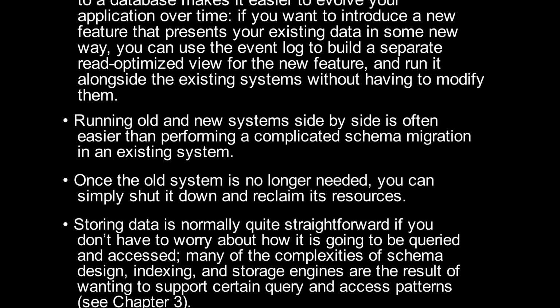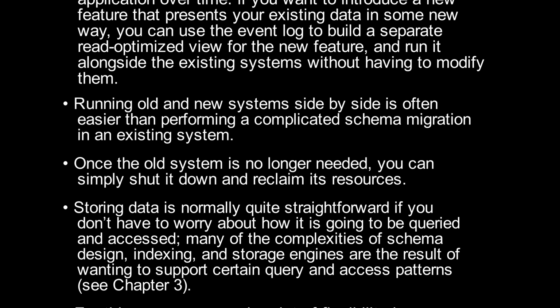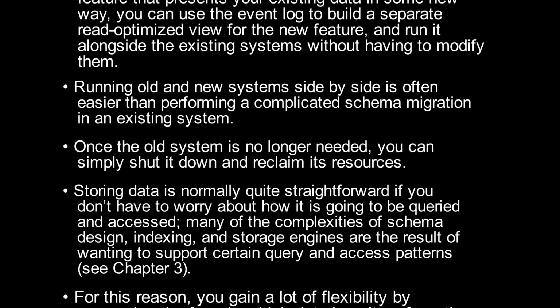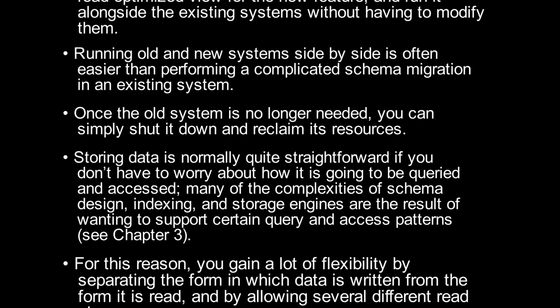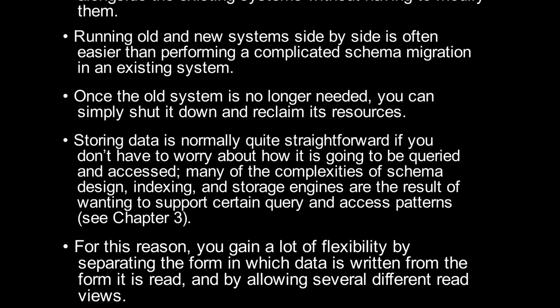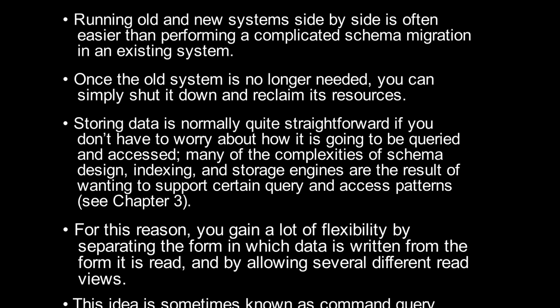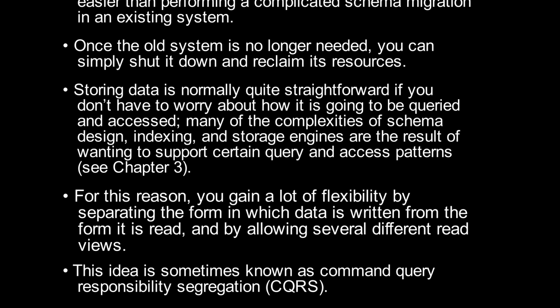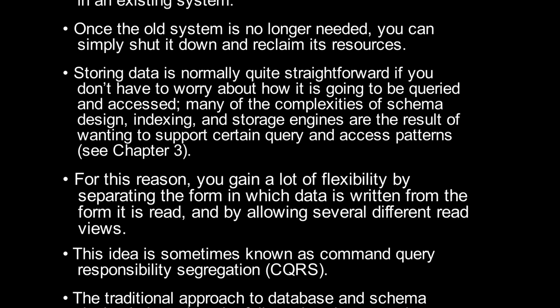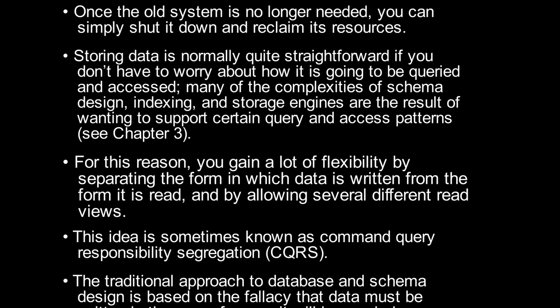Storing data is normally quite straightforward if you don't have to worry about how it is going to be queried and accessed. Many of the complexities of schema design, indexing, and storage engines are the result of wanting to support certain query and access patterns. See Chapter 3. For this reason, you gain a lot of flexibility by separating the form in which data is written from the form it is read, and by allowing several different read views.